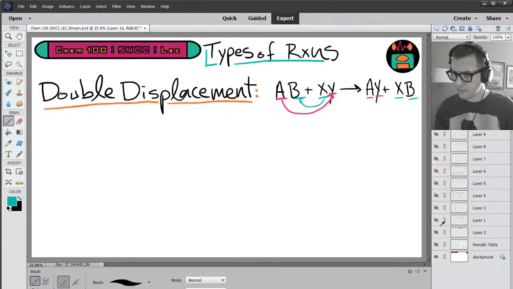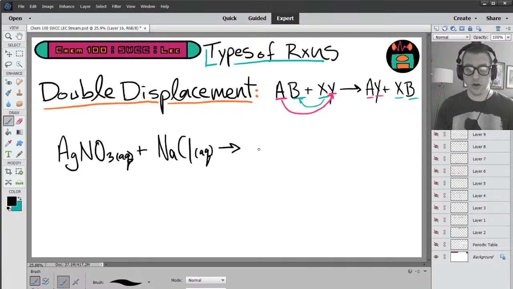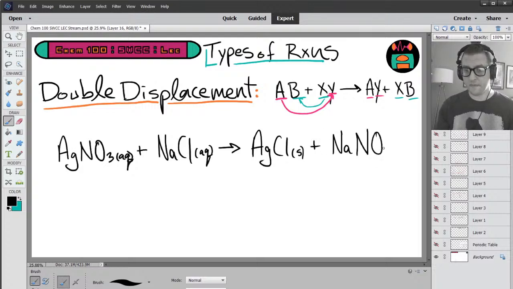An example of a double displacement would be a reaction between aqueous silver nitrate and sodium chloride, also aqueous. The products of this reaction are silver chloride, which is a solid, and aqueous sodium nitrate.